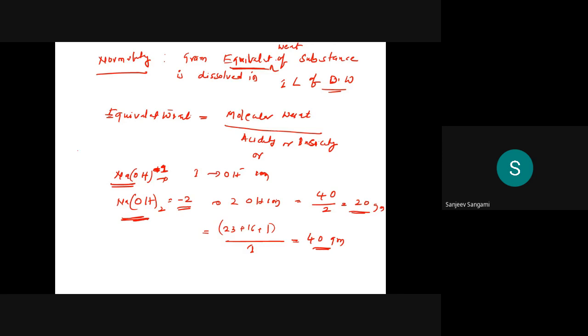Similarly, NaOH is the base. Many different kinds of chemicals are available. First of all, there are acids, bases, and salts. These three are very important. Many others are there, like gases, but we will not go into detail about that.